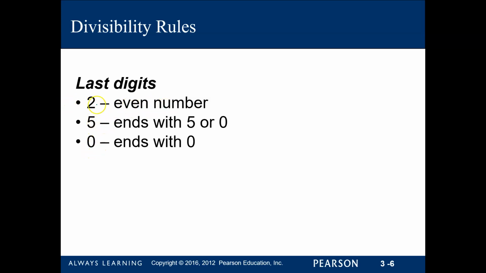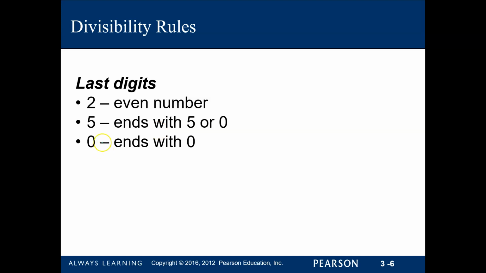Any even number, meaning it ends with a 2, 4, 6, 8, or 0, is divisible by 2, can be divided by 2 evenly. Any number that ends with a 5 or a 0 can be divided by 5. And anything that ends with a 0 is divisible by 10, okay?